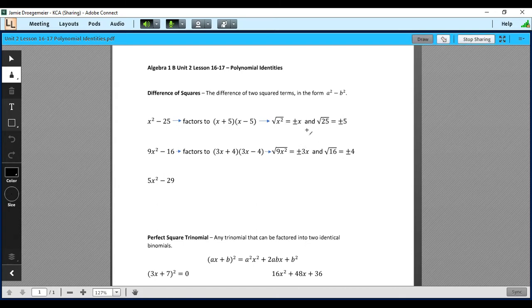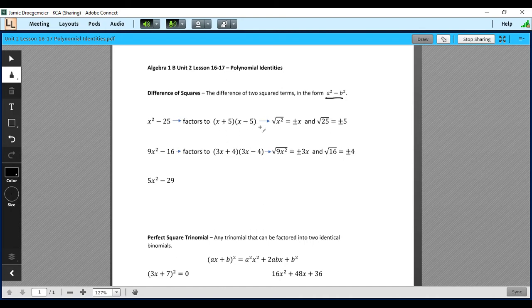If you remember, we said that it's going to be in the form of a squared minus b squared. So I have a few examples here. We talked about if we have x squared minus 25, that that's a difference of squares. It's going to factor to x plus 5 times x minus 5.